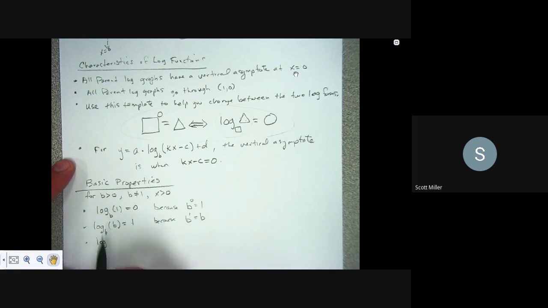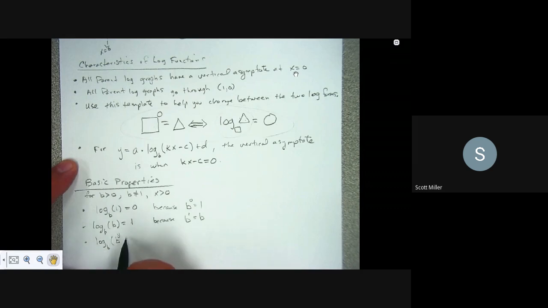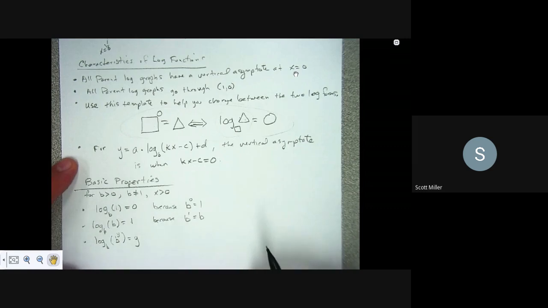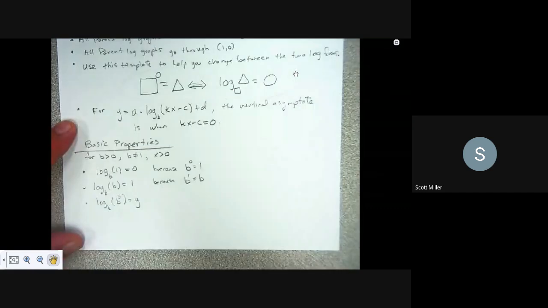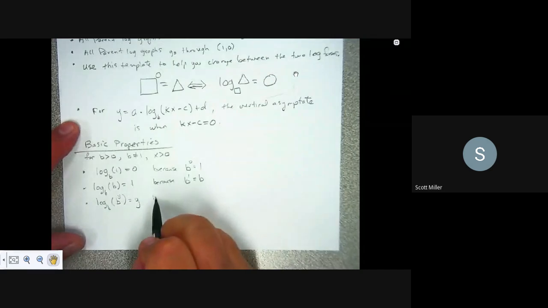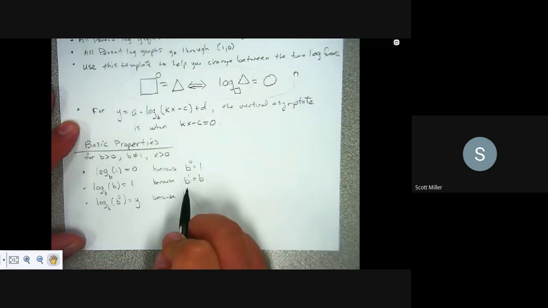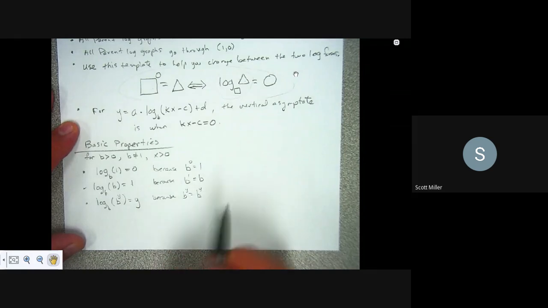What is log base b of b to the y? It's just y. Why is it just y? Because b to the y is b to the y.